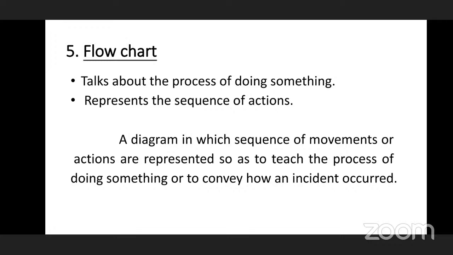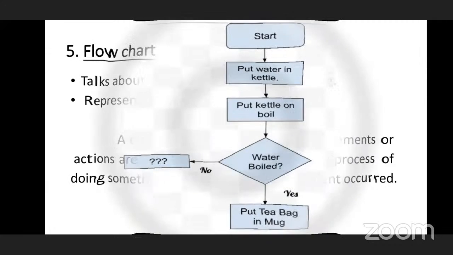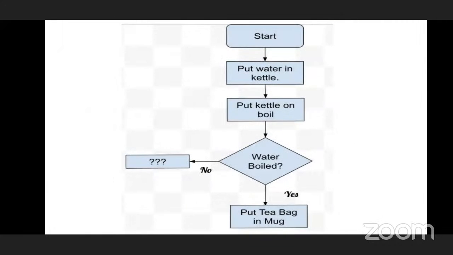Now let us see an example for a flowchart. This is a short example, which simply gives you the idea of how a flowchart looks. See what the flowchart is talking about. It's talking about making tea, how a tea should be prepared.